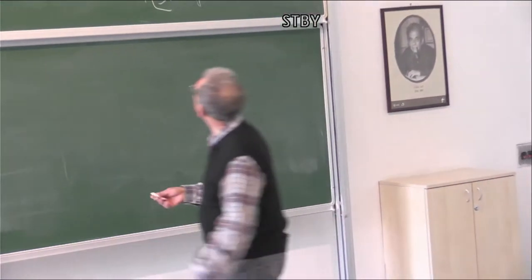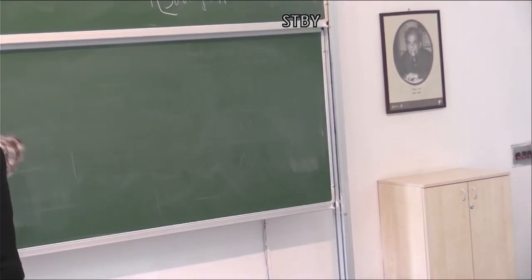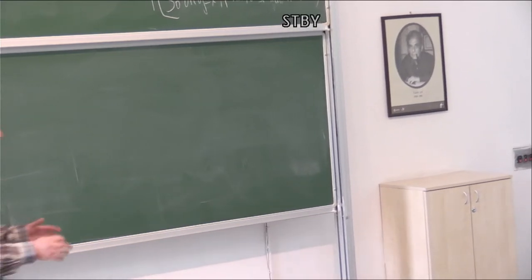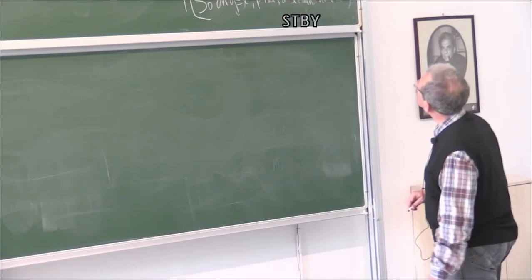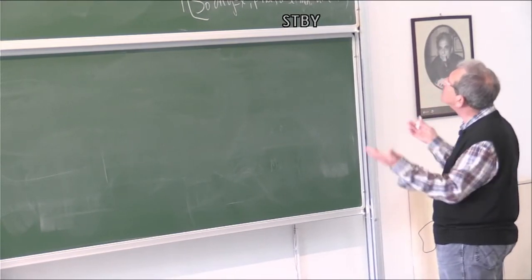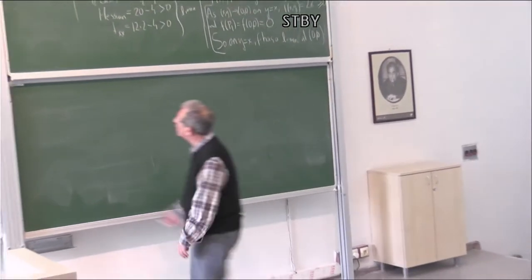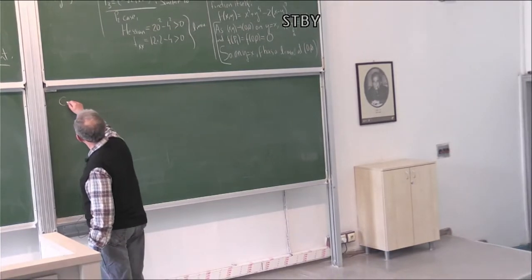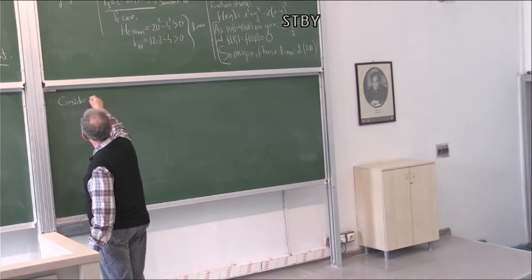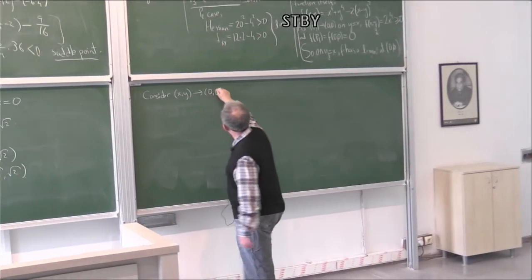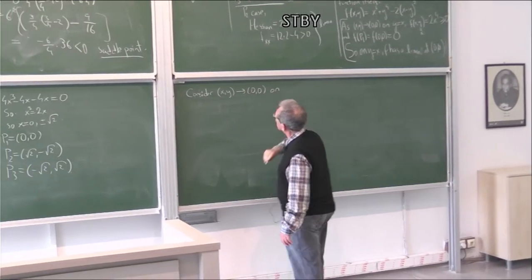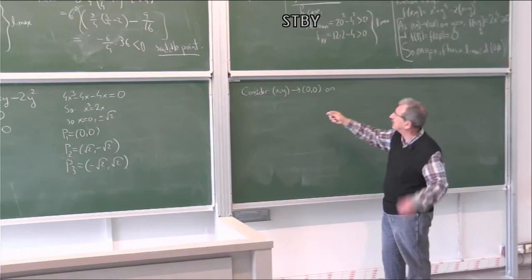So, okay, let us consider a different one, not y equal to x. For example, okay, we can consider, well, one of them is 0. So consider, okay, (x, y) approaching 0, 0 on, say, the x-axis or y-axis.